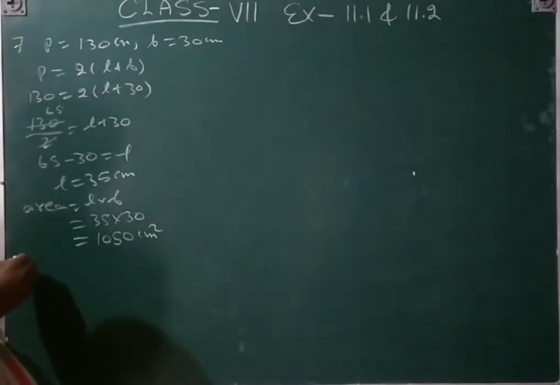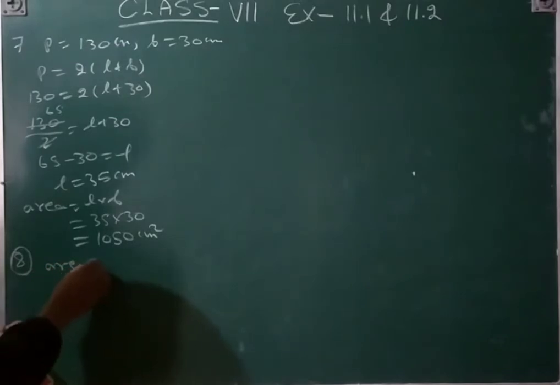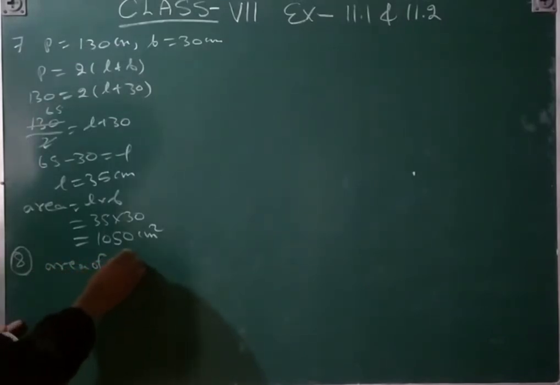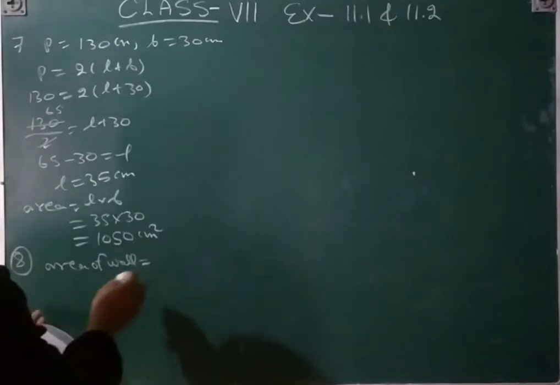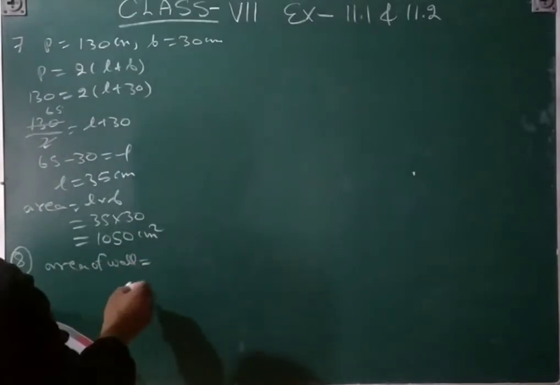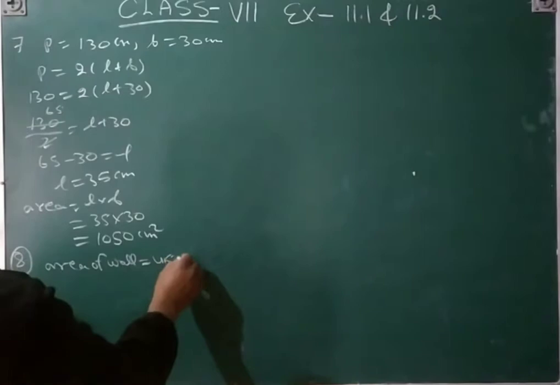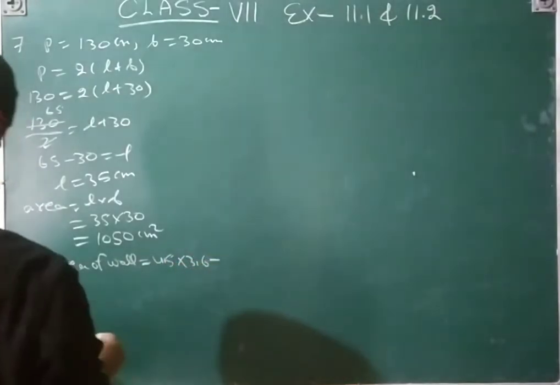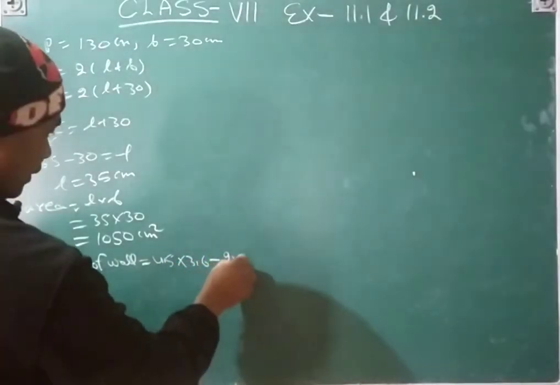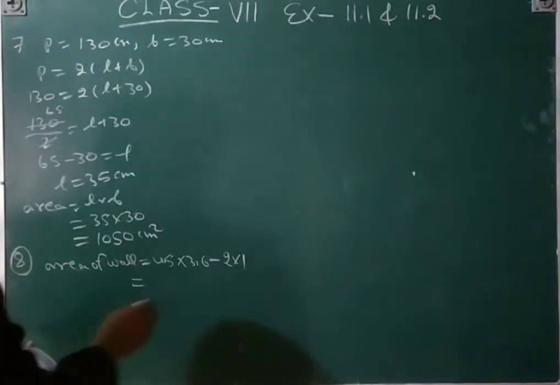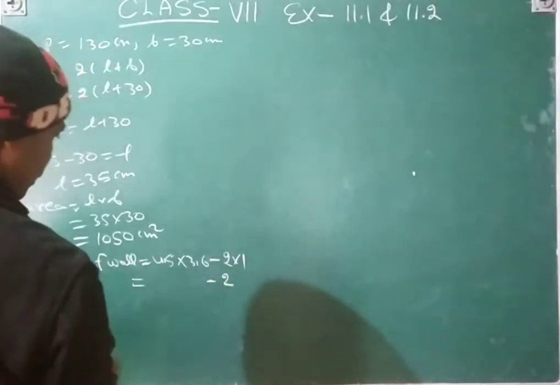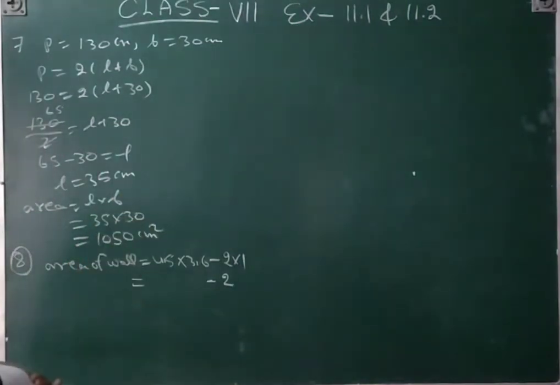So first of all, we will find the area of the wall. Area of wall is equal to length and breadth, which is given as 4.5 into 3.6, minus 2 into 1, because we are reducing the door from the wall.